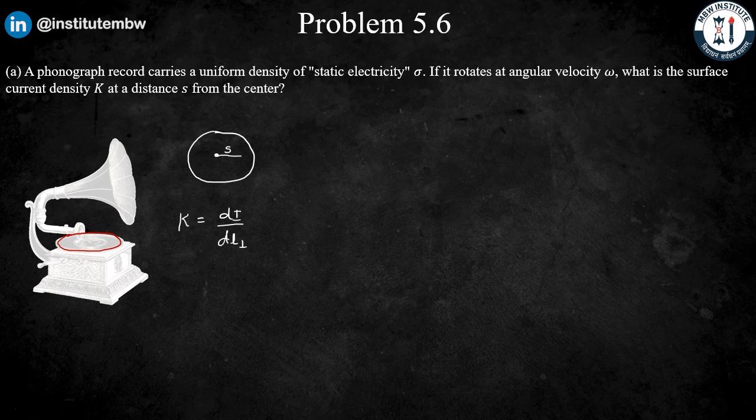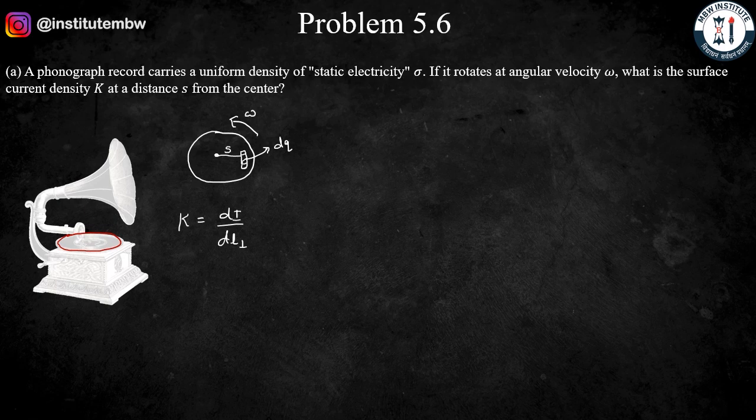Let's consider an infinitesimal element area, that is this infinitesimal element area. Let's say these elements have a charge dq. How we will find this charge dq? So if at a particular time, let's say it is an infinitesimal time dt, it moves a distance dl, because let's suppose omega is anti-clockwise.